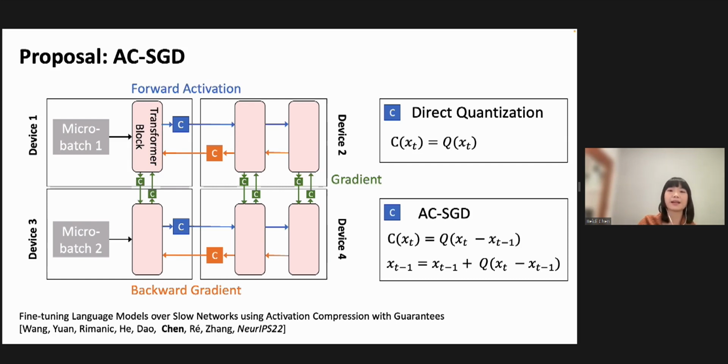Otherwise, we'll quantize the difference between the current activation and its memory from the last update, send this quantized difference to stage i+1, and update the memory by this quantized difference. And in the back propagation, we directly quantize the gradient, similar to any other existing approaches.